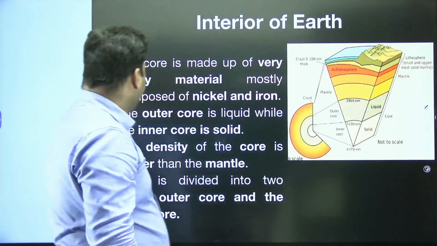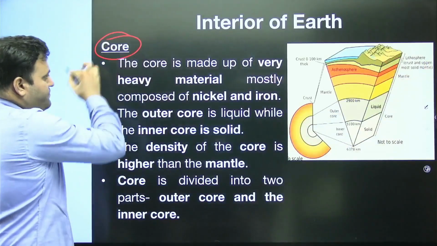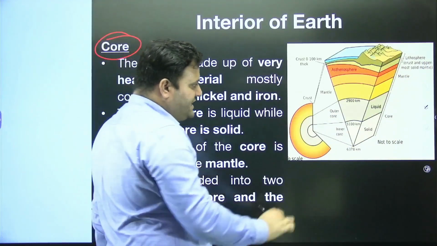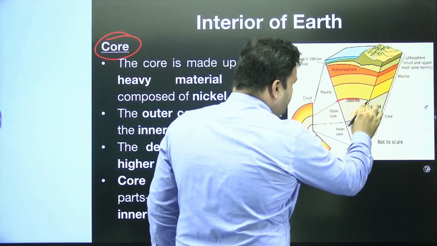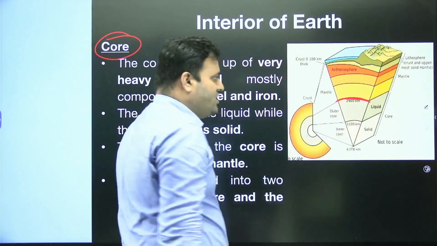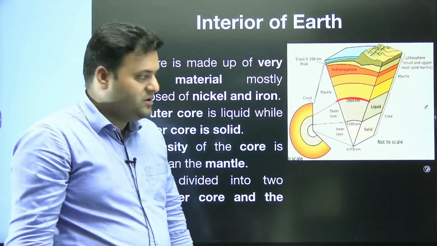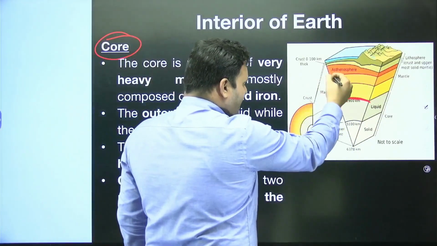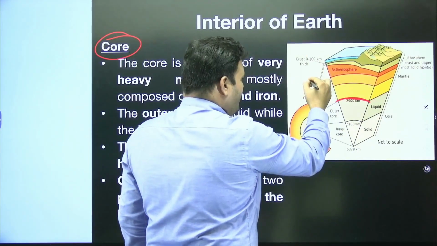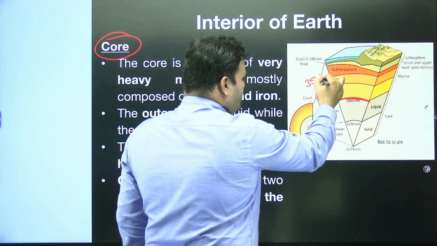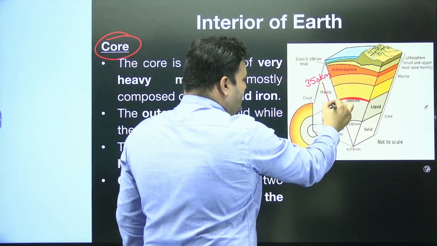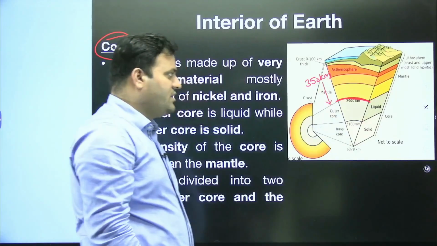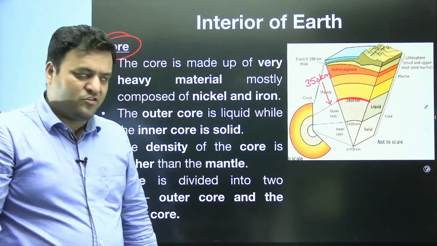Moving ahead, next is the core. Till the depth of 2900 kilometer we have the mantle. So after the asthenosphere, roughly after the depth of 350 kilometer till the depth of 2900 kilometer, we have part of the mantle.